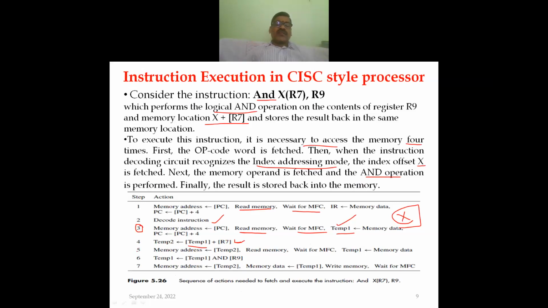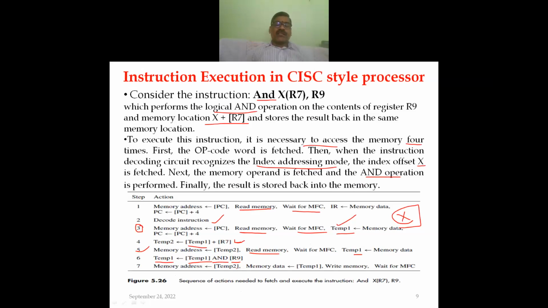And then in the fifth step, the contents of temp2 are loaded into the memory address, again the read memory control signal is issued, we wait for MFC, and then memory data will be loaded into temp1. Then the contents of temp1 and the contents of R5 are logically ANDed, and the result is temporarily stored in the temp1 register.